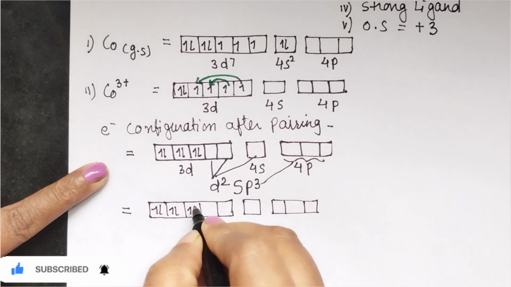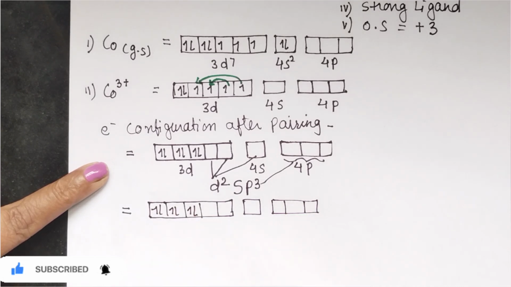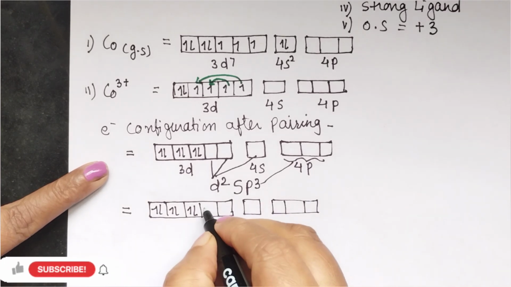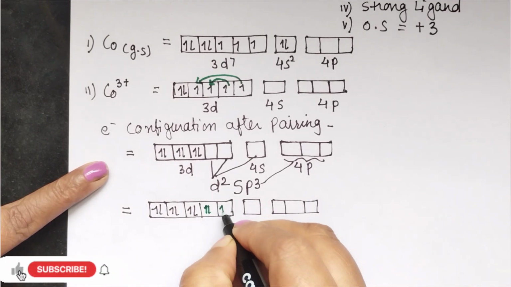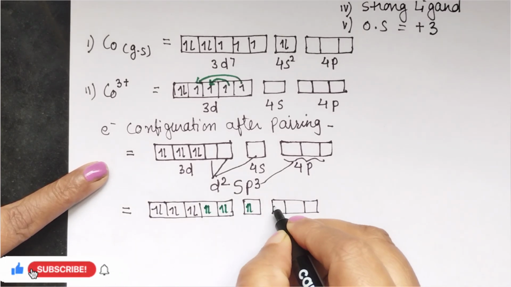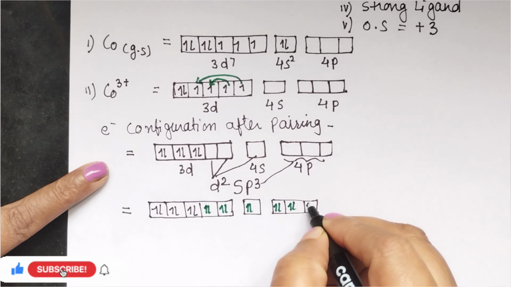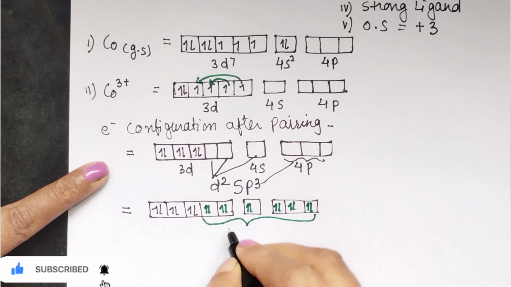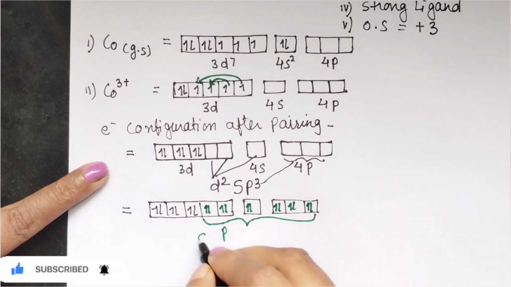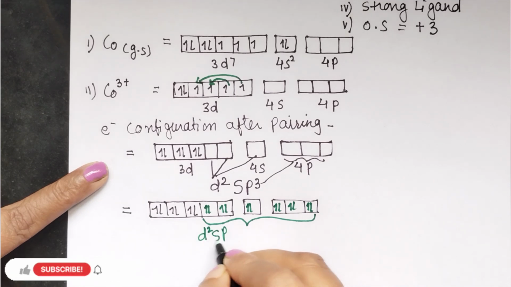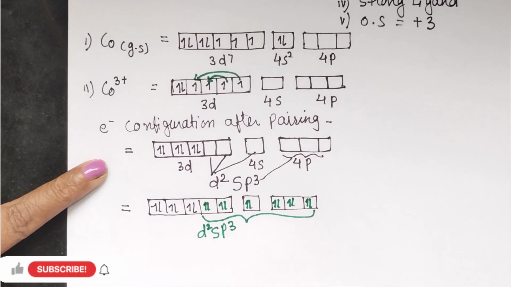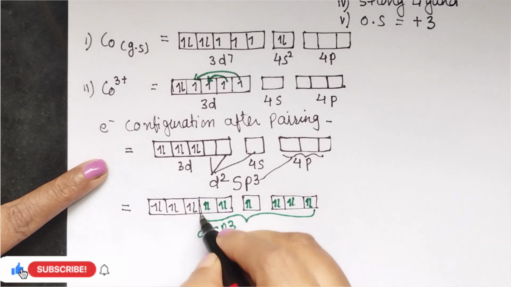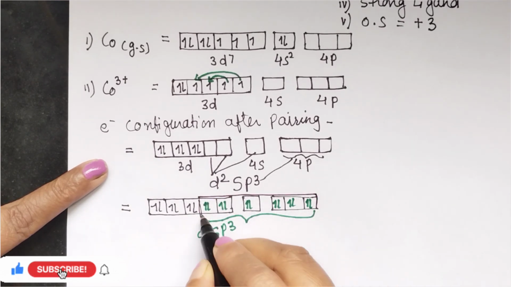This is the original configuration of the cobalt ion, and now the first amine, second amine, third, fourth, fifth and sixth. So what is included here, students? This is d2sp3 hybridization. Those are the orbitals which are involved in the hybridization.